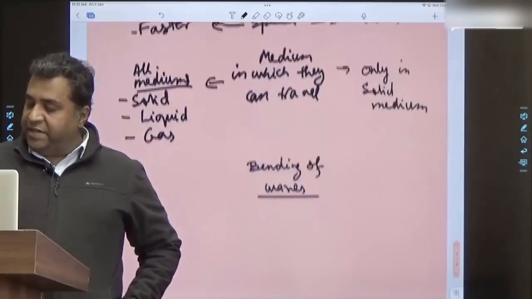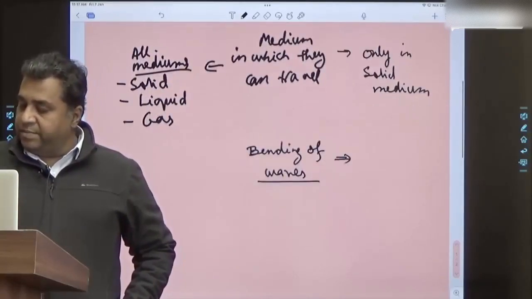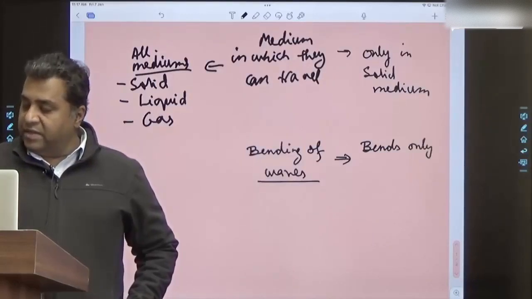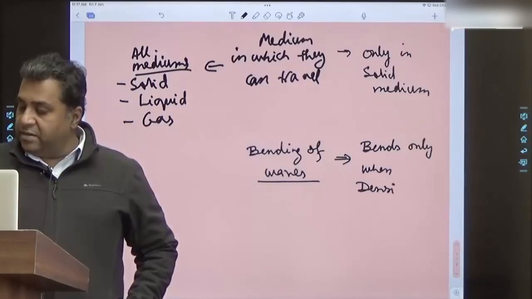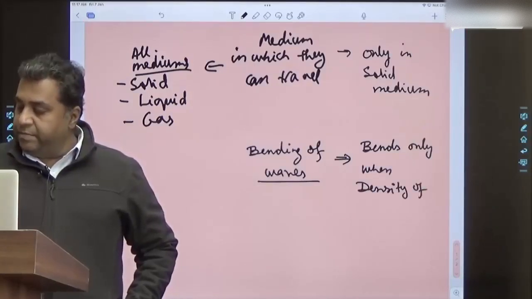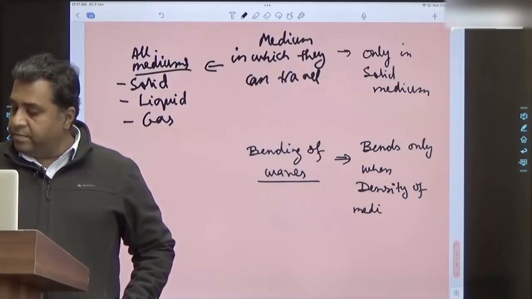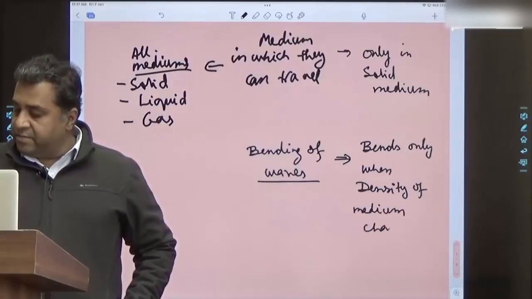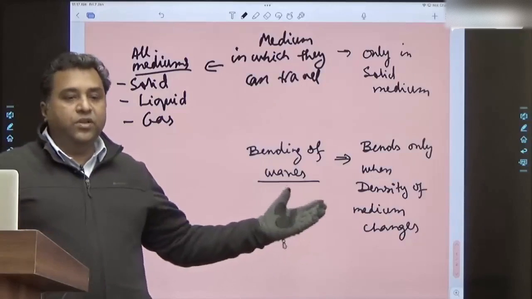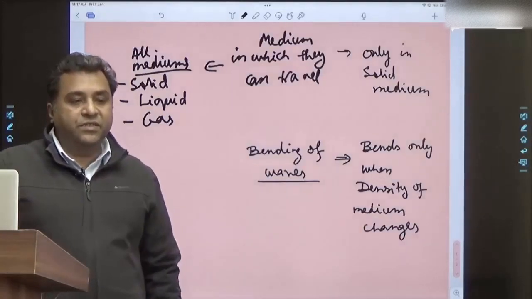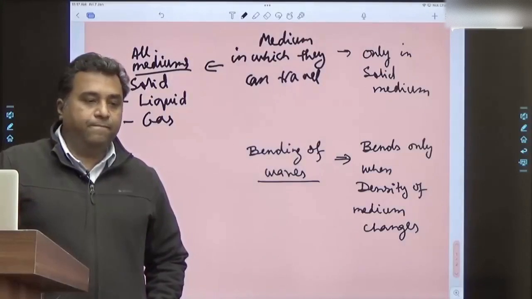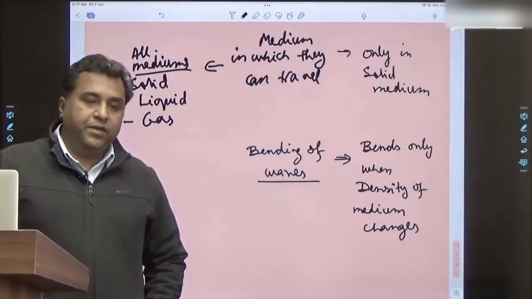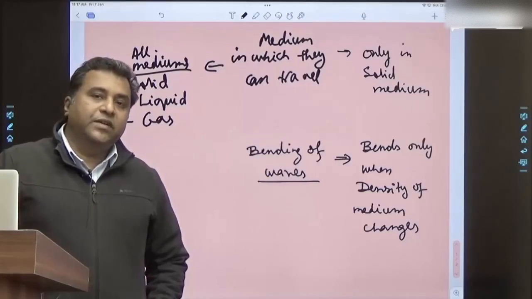The S wave bends only when the density of the medium changes.